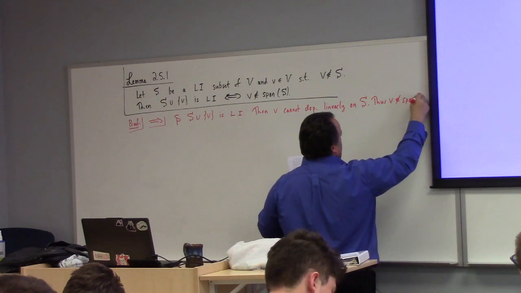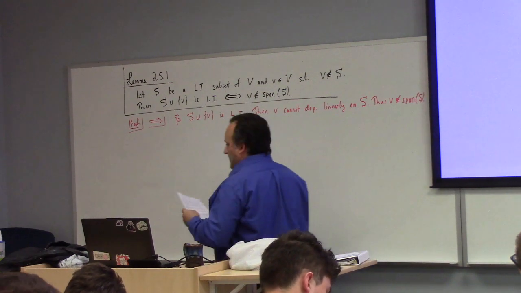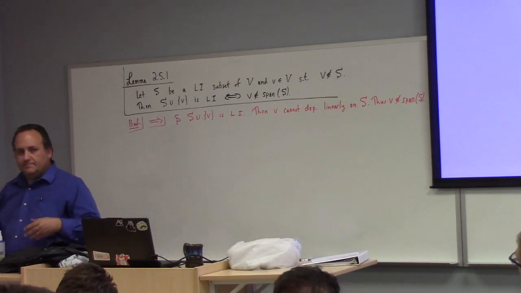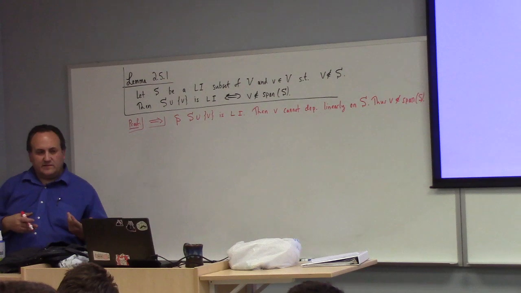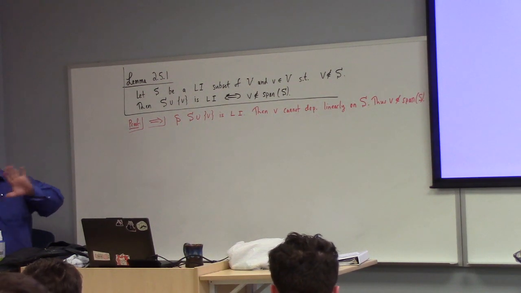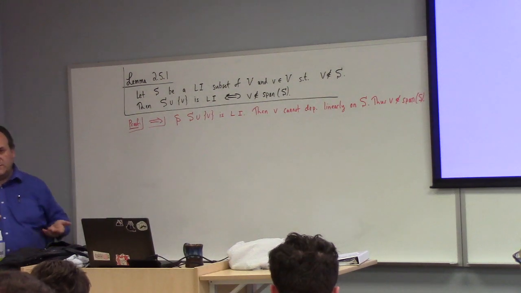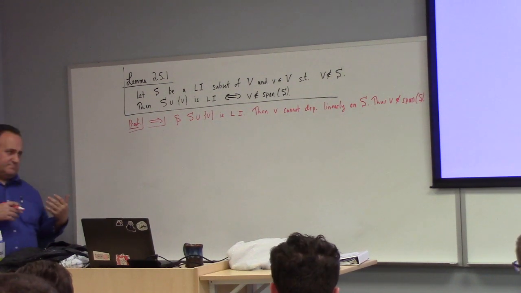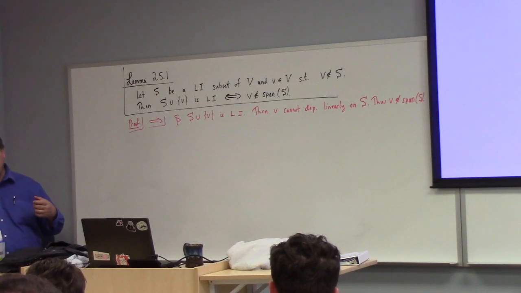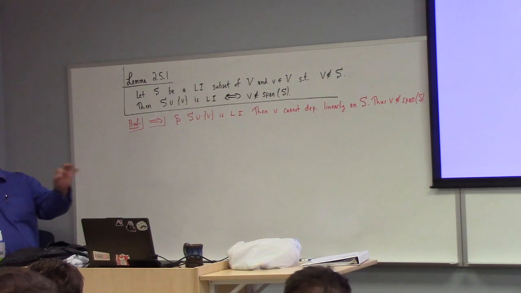I am relying on what I did at the very end of class last time, where we characterized linear independence: if the linear combination equals 0, it forces all the coefficients to be 0. But we proved that not being that was tantamount to one of the vectors being expressible as a linear combination of the remaining vectors.